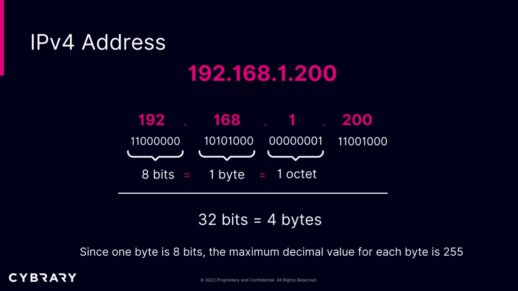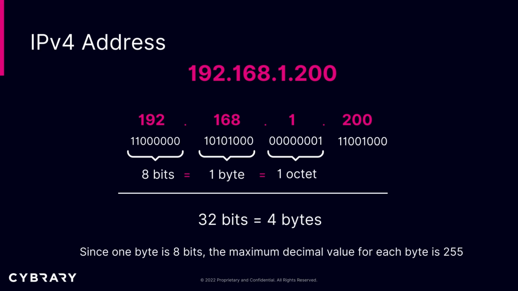Now, IPv4 has limitations. When this first came out, the projected number of IP addresses that would be available using the IPv4 format was around 4 billion. And at that time, they thought that would be more than enough IP addresses for devices in the world.